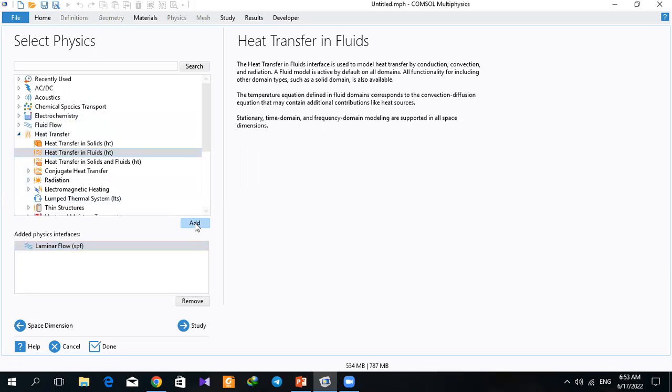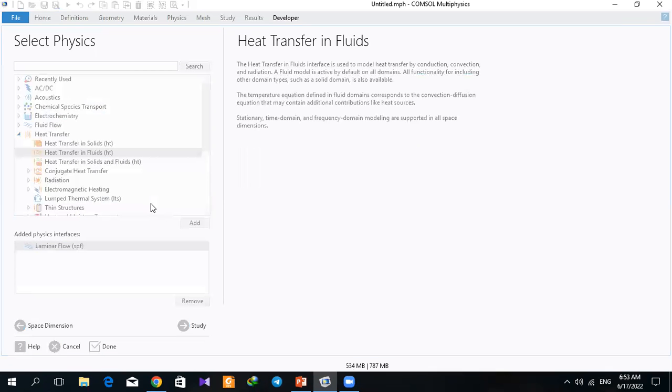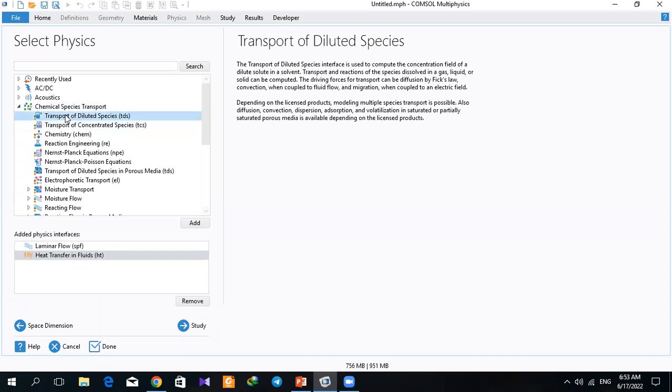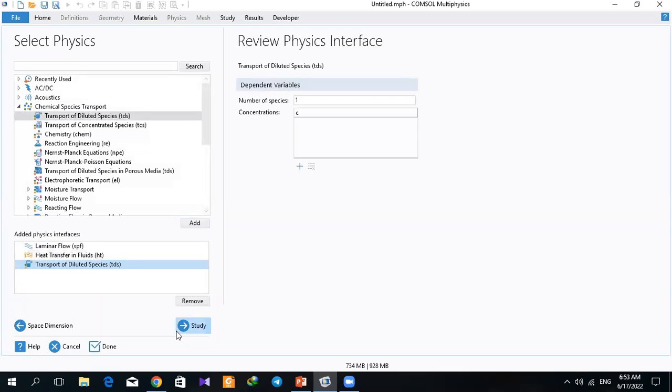I add heat transfer in fluid. And I add just transport of diluted species. These three modules are the most common modules that usually can be used for simulation of velocity, temperature, and concentration.